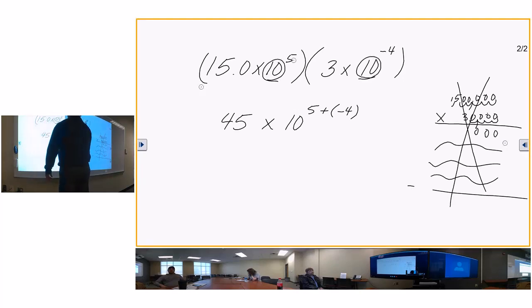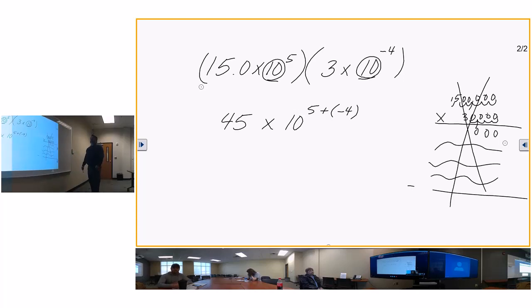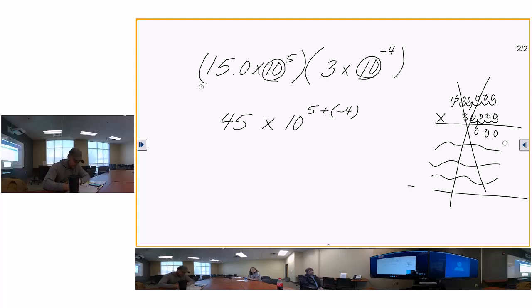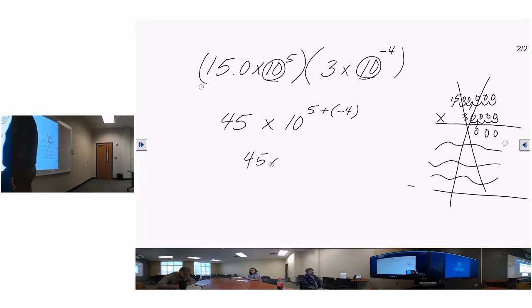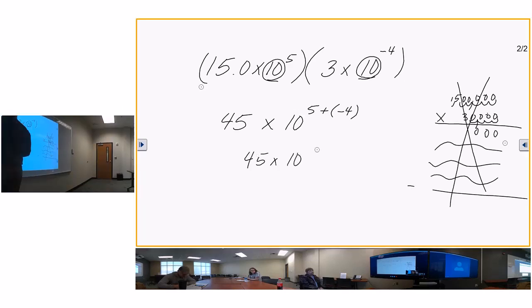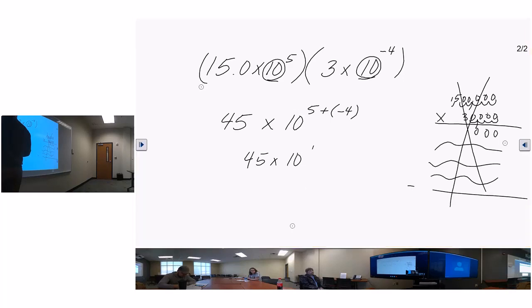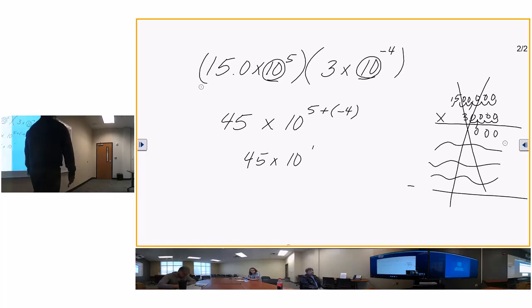So you add the exponents. And this is what 90% of you do. Oh, that's 45 times 10. 5 minus 4 is 1. And you're done, right? No, you are not. Because where is the decimal on the 45? At the back. And where does it need to be?